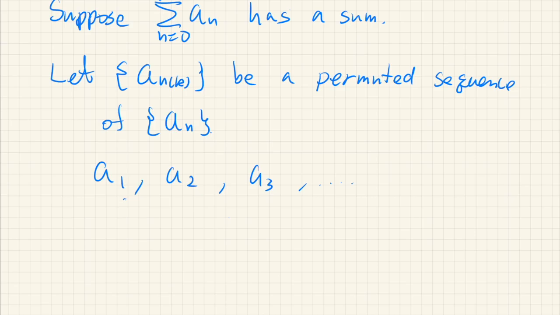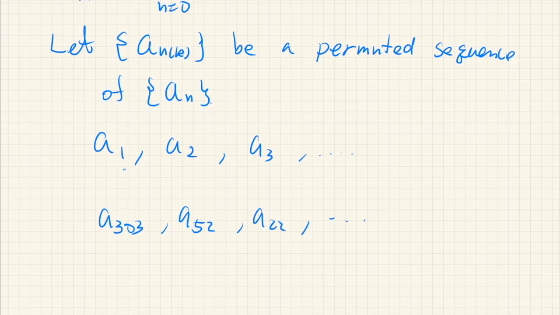So for example, we get a_303, a_52, a_22, and so on. So this 303 can be n(0), and this 52 can be n(1), and this 22 is n(2). Well, we can shuffle in any order, but just let this be any arbitrary permuted sequence of a_n. Okay.